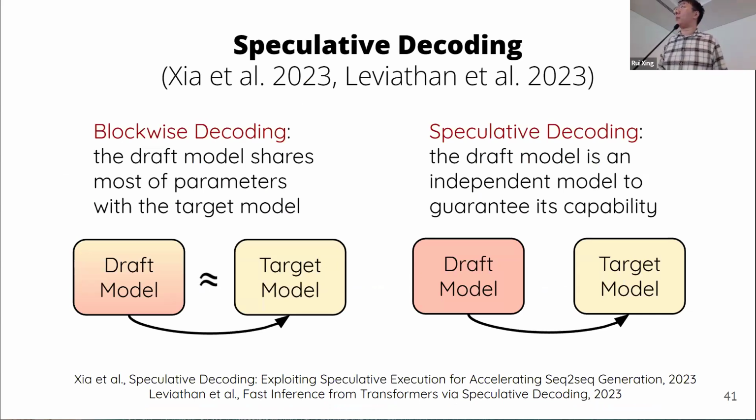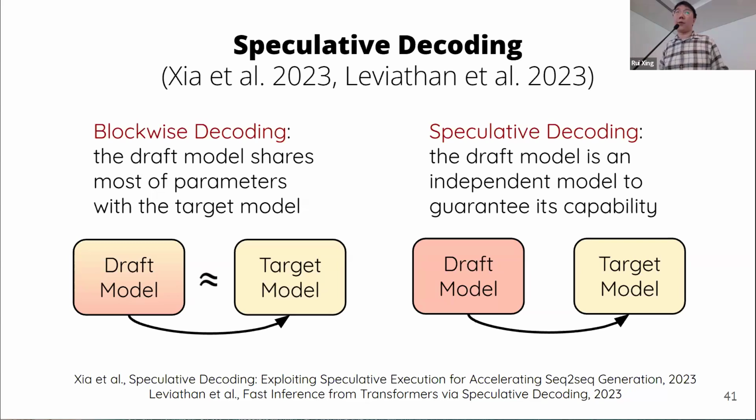We can see that blockwise decoding shares most of the model parameters with your target model, because it just adds extra heads on top of the original transformer model. So I think for the follow-up works, most of them try to improve the model by separating the draft model from the target model.